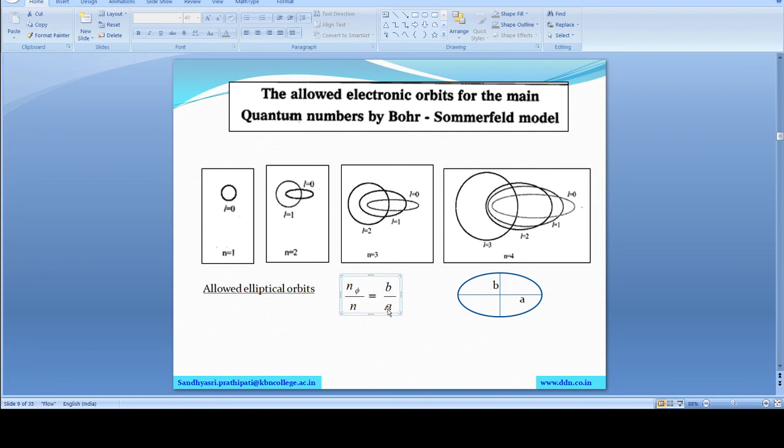What are b and a? b is semi-minor axis, a is semi-major axis. The ratio of semi-minor and major axis must be equal to the ratio of azimuthal quantum number and principal quantum number. Then only there is an elliptical orbit existence.